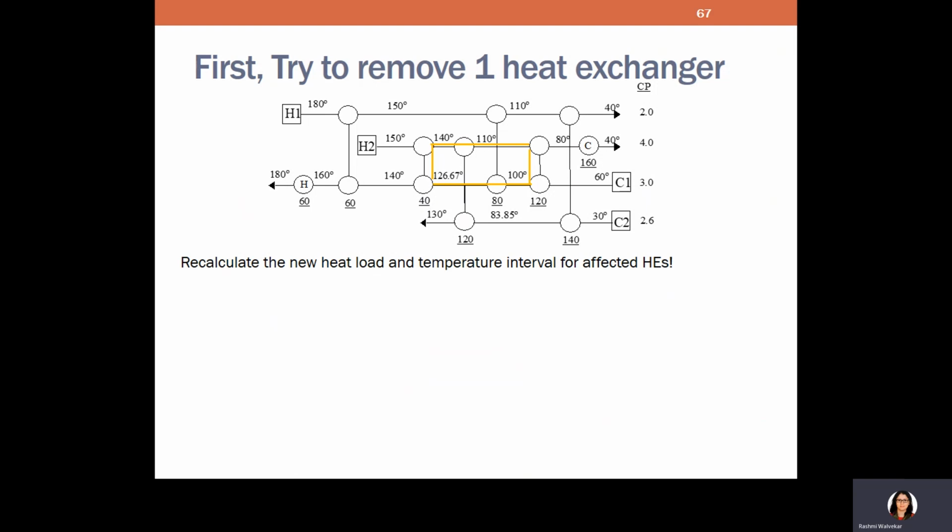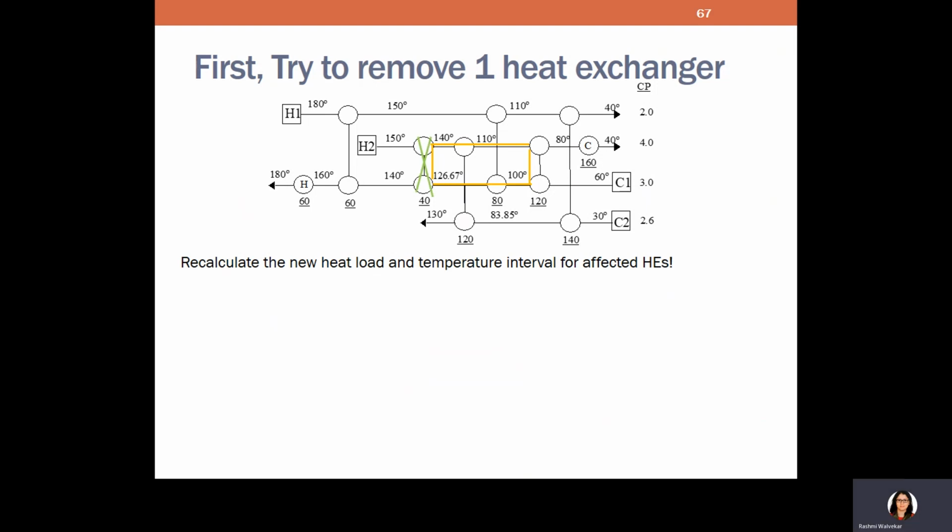It means we don't want to invest in a small heat exchanger which is only 40 kilowatt, and then spend a lot of money on maintenance and other things, and it also occupies space in your plant. So the smaller heat duty heat exchanger, we can just remove from our network.